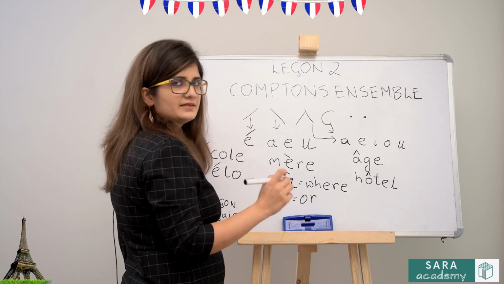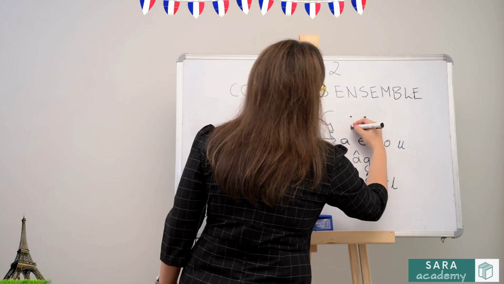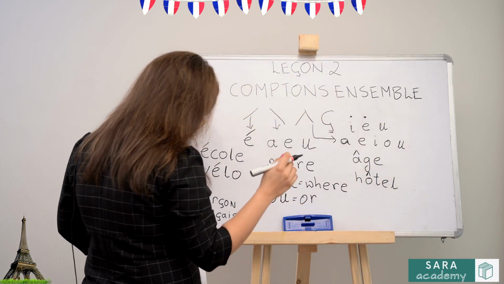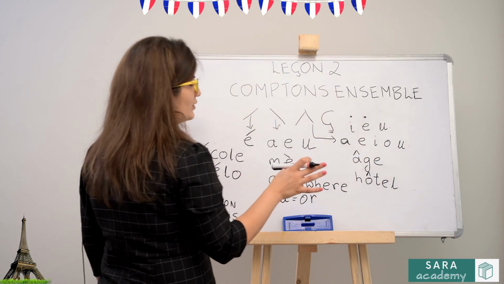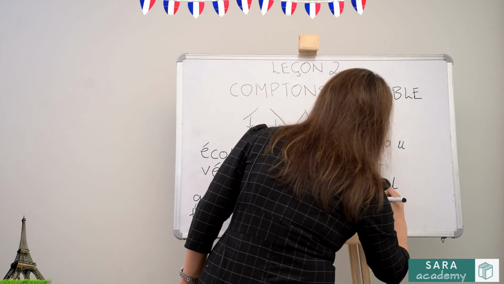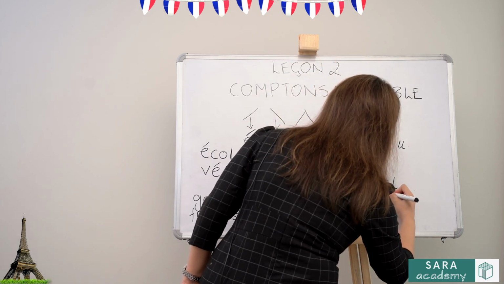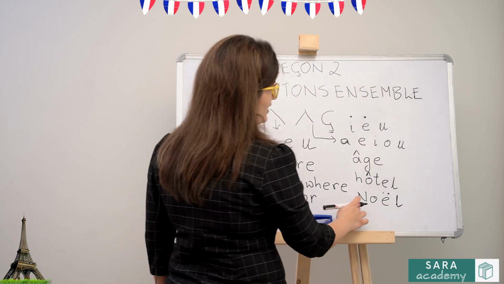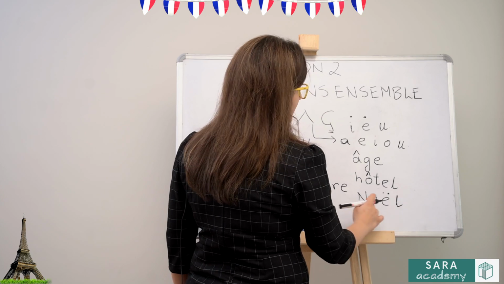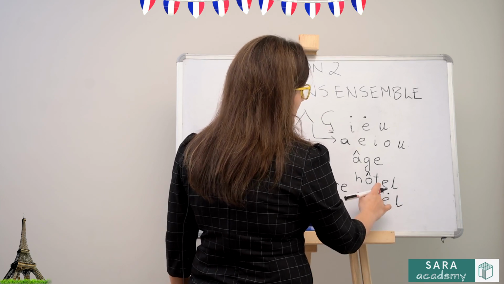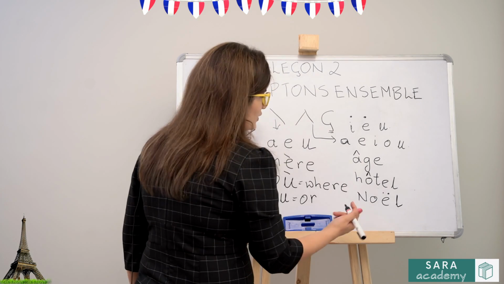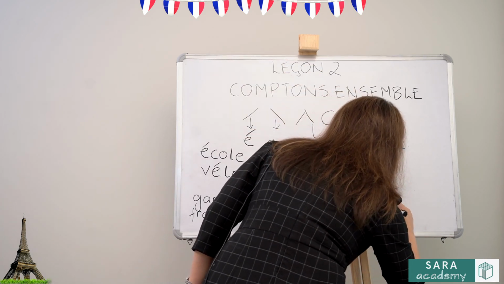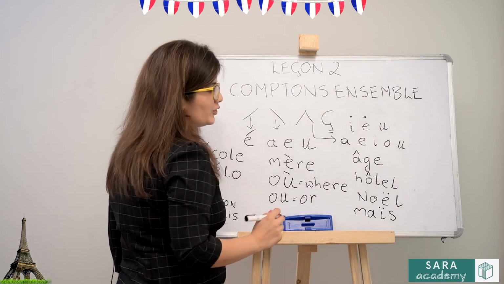The last accent is trema. It can come on I, E or U, on any of these. So for example, Noël, which means Christmas. How will you memorize the spelling? N-O-E trema L. Another word, maïs, which means corn.